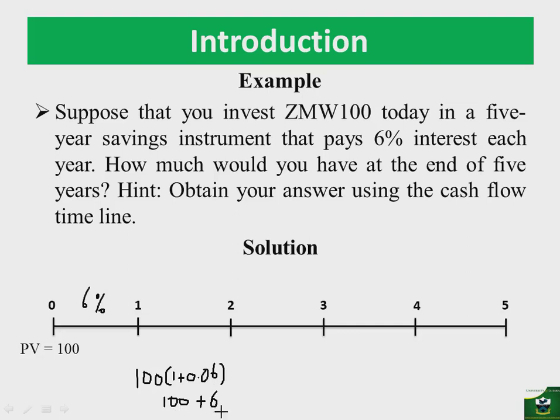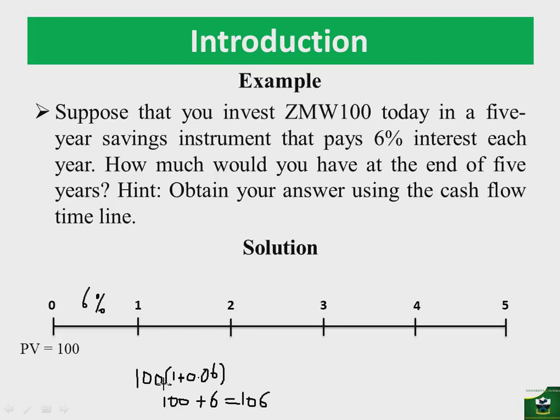So if I add this, I will have 106, meaning that at the end of period 1, given that I have made an investment of 100 kwacha, I will have 106 kwacha. The 100, which is my initial investment, plus the 6 kwacha, which is the interest.